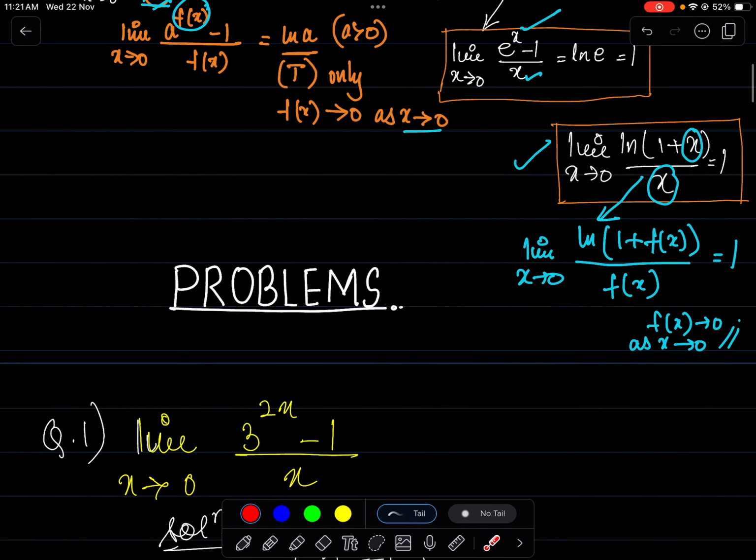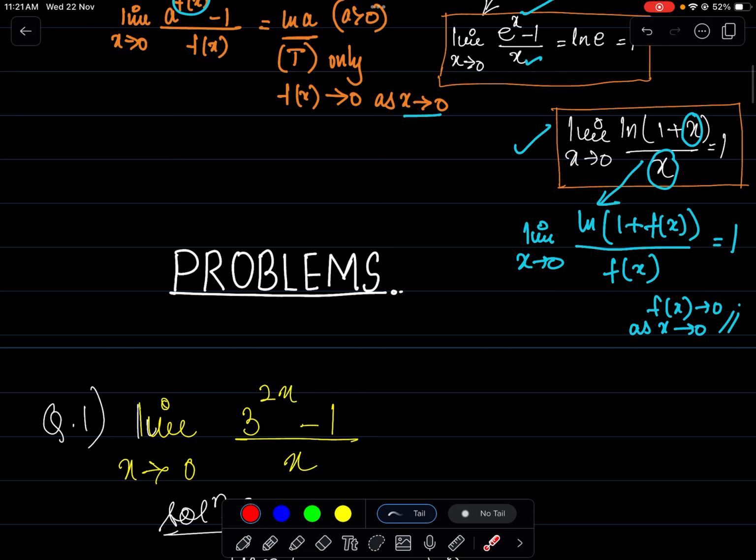So the problem that we have is limit x tends to 0, 3 to the power 2x minus 1 by x. Pretty simple problem. Now students ask how do we know that we have to apply this formula? One thing that you can always see is, you will have a number to the power some function.